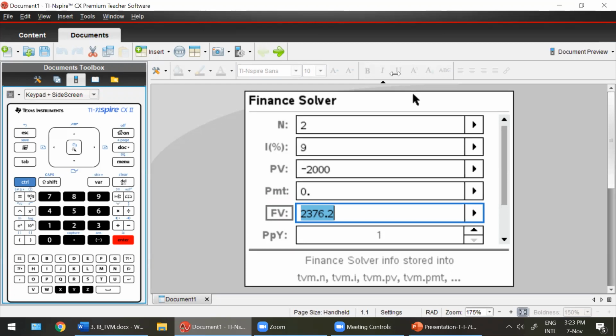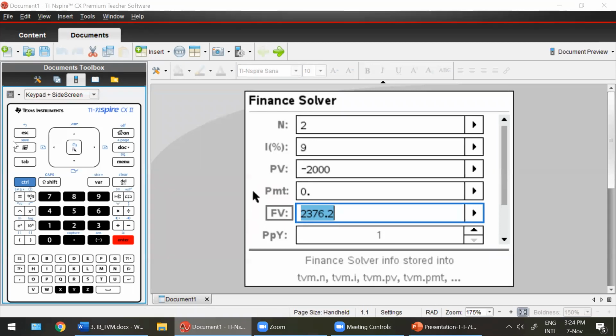Great. So now students, as you can see here, finance solver info stored into tvm.n, tvm.i. That means the time value of money. TVM refers to the time value of money, and that is also into a solver mode here.